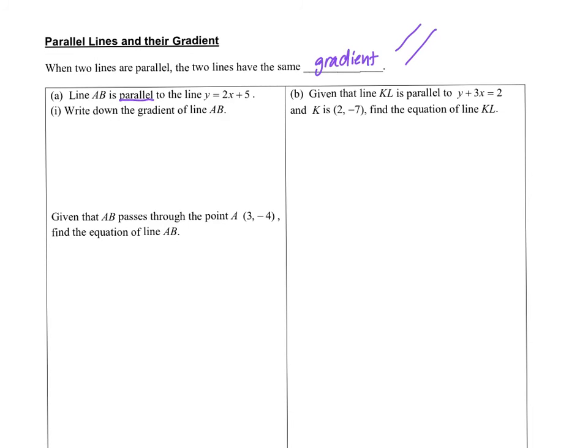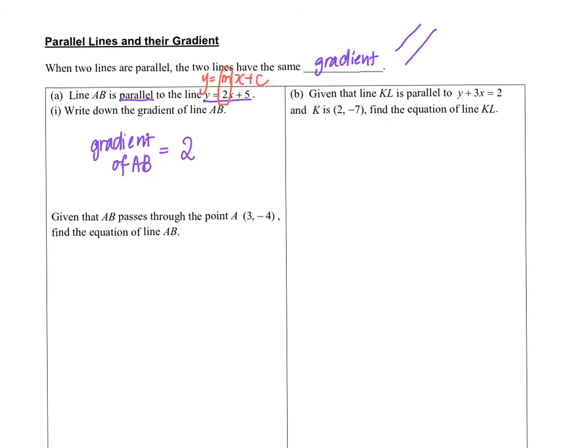Write down the gradient of AB. Now the gradient of AB will be equal to the gradient of this line. What's the gradient of this line? We have y equals mx plus c, and the m is 2. So in this case, the gradient of AB will be 2.